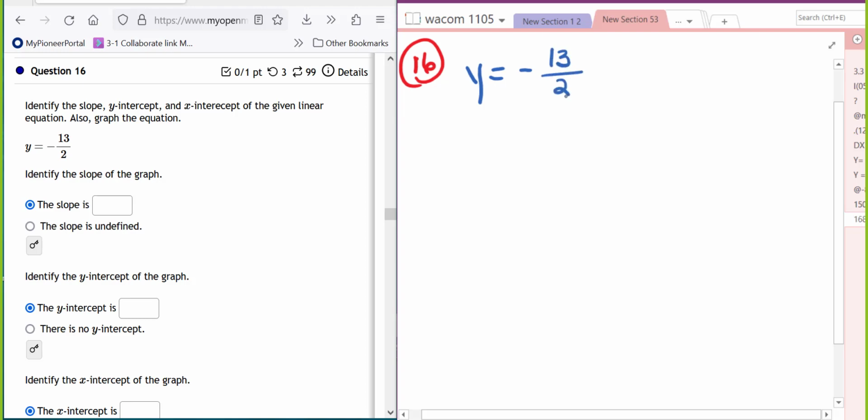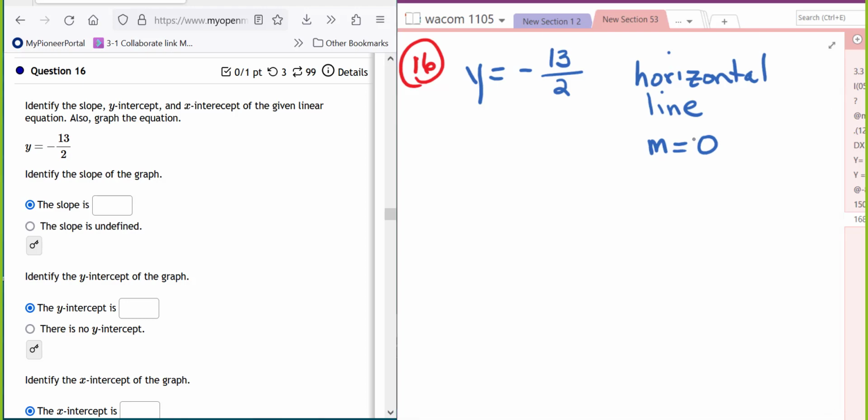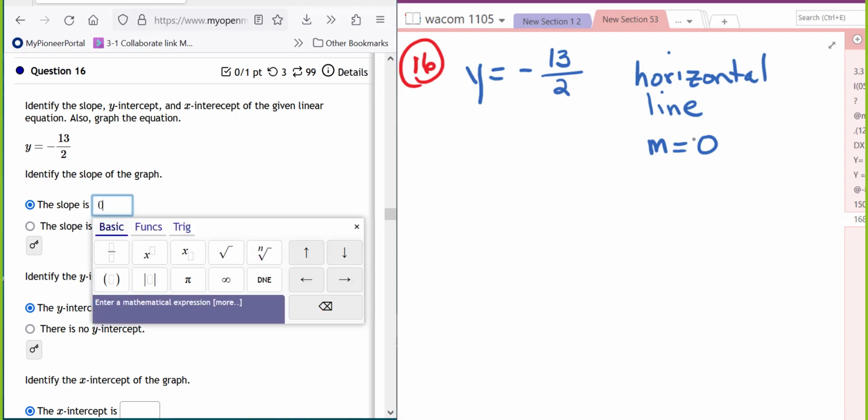And this one is y equals something, so this will be the horizontal line. And its slope is 0. So you're going to just remember that. So you want to say 0, you don't want to say undefined.